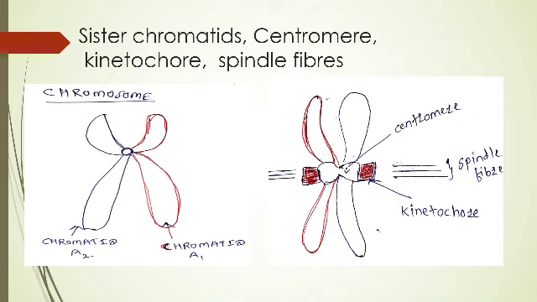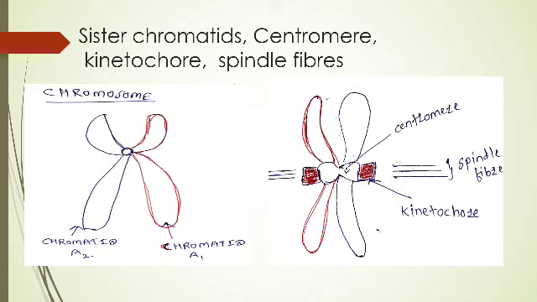In the center there is a round structure that holds the two chromatids together, and that round structure is called the centromere. With the help of the centromere, the two sister chromatids are attached to each other.